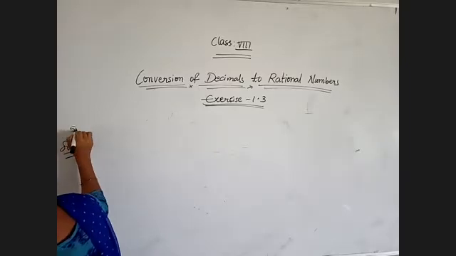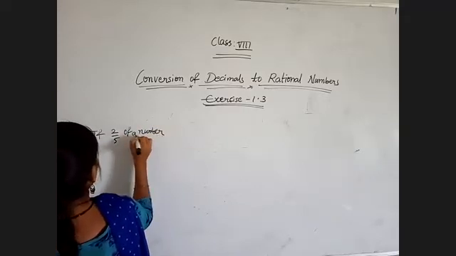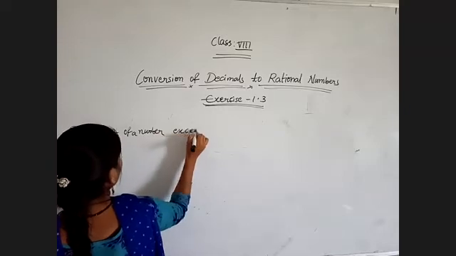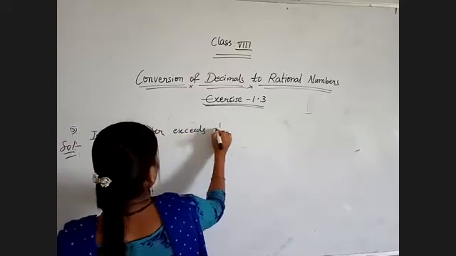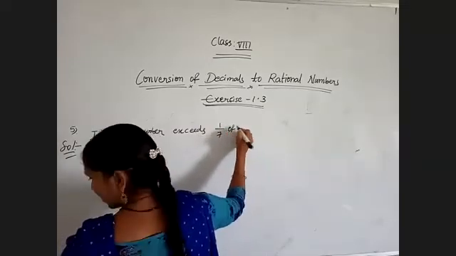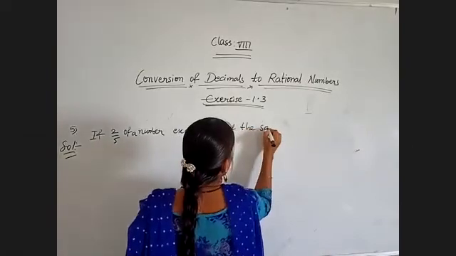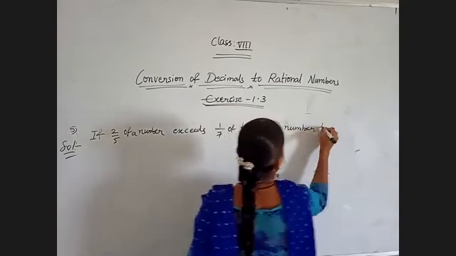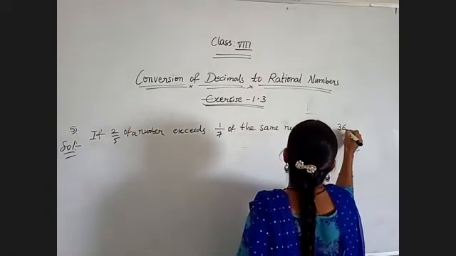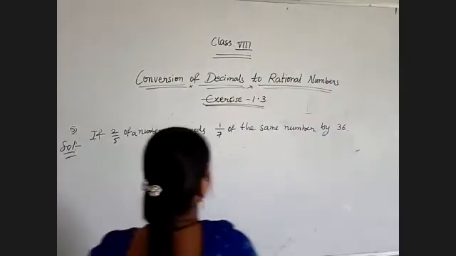If 2/5 of a number exceeds 1/7 of the same number by 36, find the number.